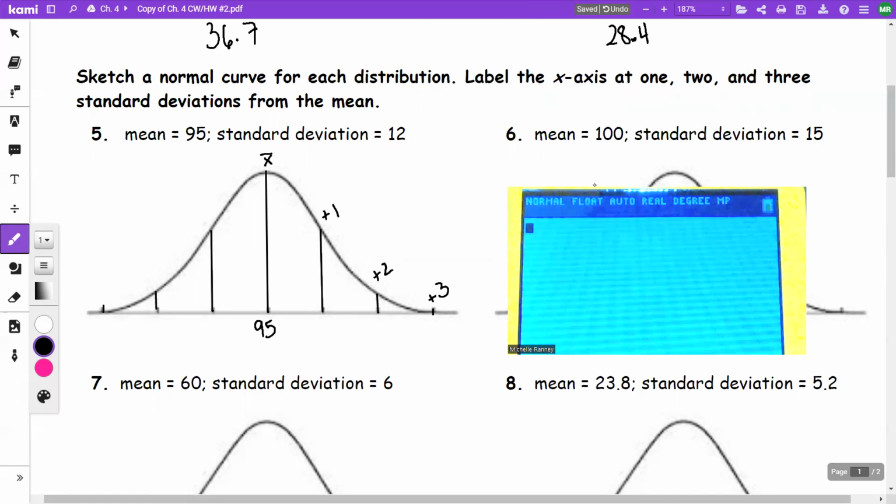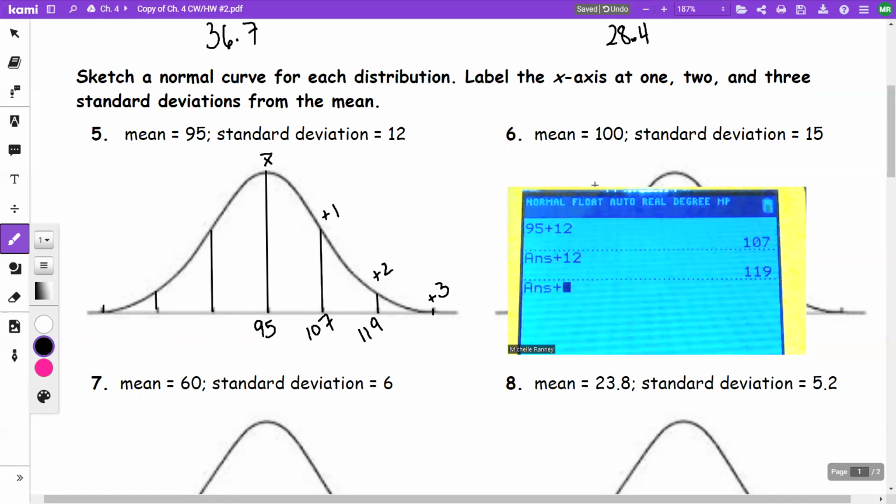So let me clear this. I'm going to go 95 plus 12, which is 107, plus 12, which is 119, plus 12, which is 131.